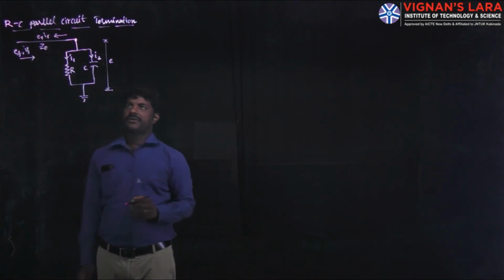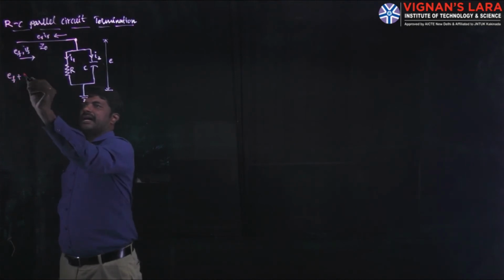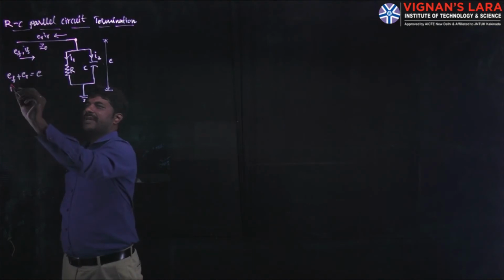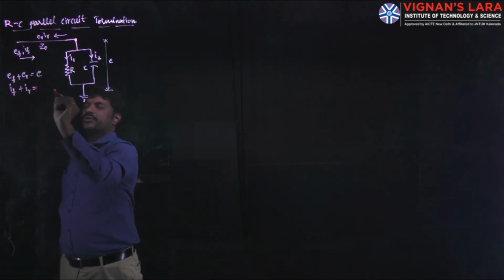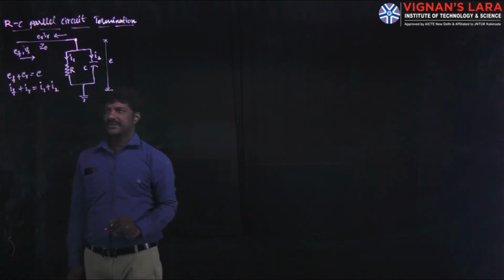As I told previously in our discussion, EF plus ER is equal to resultant E. In the same lines, the forward current and reflected current summation should be equal to terminated current. The terminated current or resultant current is nothing but I1 plus I2.